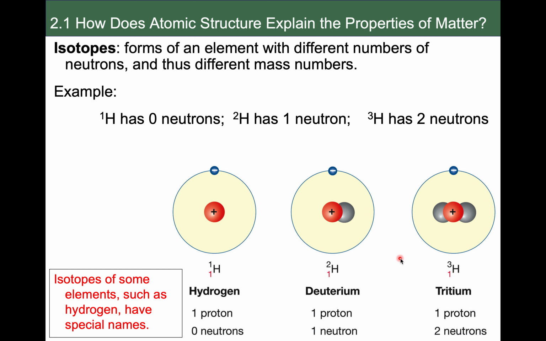So it's still hydrogen because of the number of protons and the number of electrons, but we're basically making these atoms of hydrogen a little bit heavier by adding in these extra neutrons. And these are just naturally occurring, so you would find all of these different isotopes of hydrogen naturally existing out in the world.